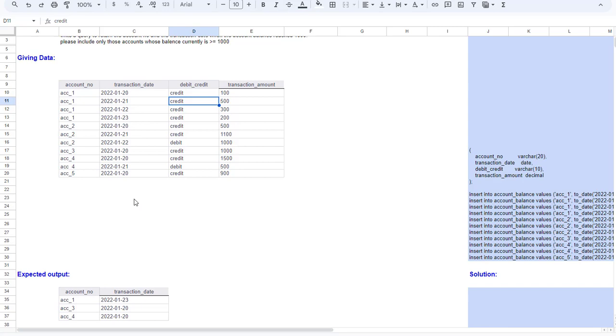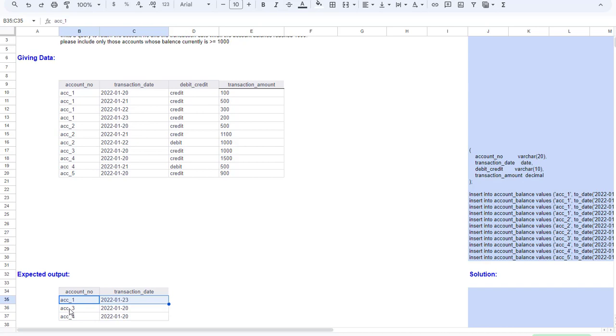So let me show you an example here for account 1. It's all credit, so it's money in. Then we sum 100, now have 600 here, 900, and 1100 here. So on the 23rd the account reached 1000, and this is what we should display.